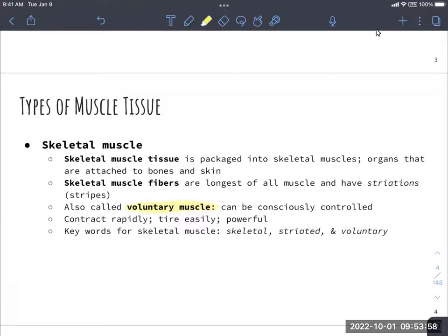They could attach to bone, or they connect to tendons that connect to bones. And these all help you move. So we looked at in the tissues chapter, skeletal muscle fibers have striations or stripes to them. These stripes, we're going to go into exactly what those are and how they work today.